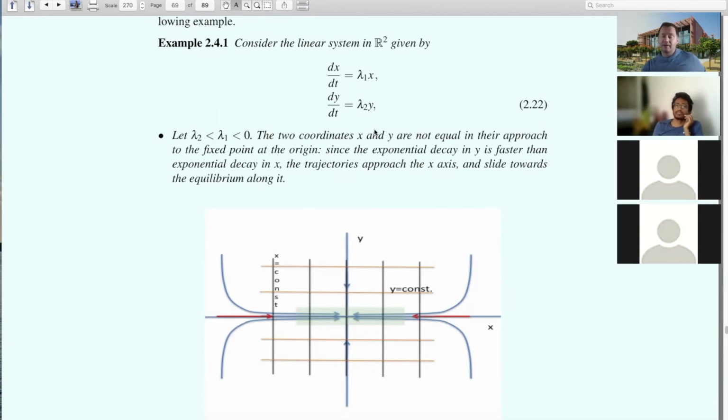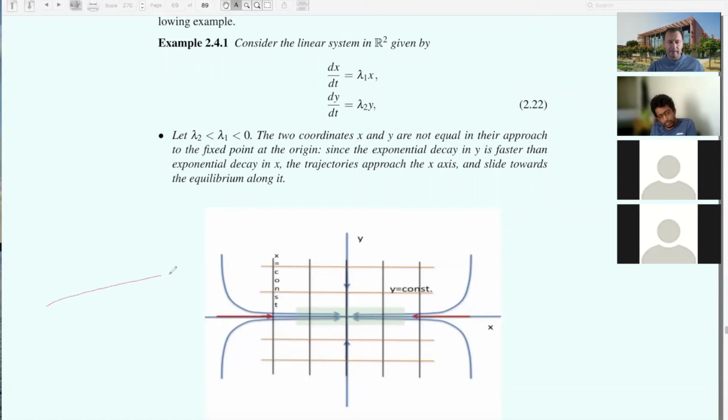Now, this is very simple to see here because I have separated the equations to start with. But in general, for a two-dimensional system with a matrix A, if you just find phi1, the first eigenfunction, and phi2, the second eigenfunction, and their associated eigenvalues, then the equation for phi1 will be d phi1 dt is lambda 1 phi1, and d phi2 dt is lambda 2 phi2. And so in that case, the geometry might change in the sense that you're going to get something like this.